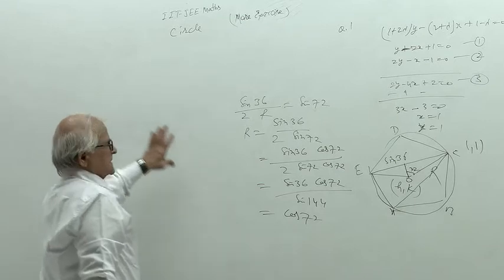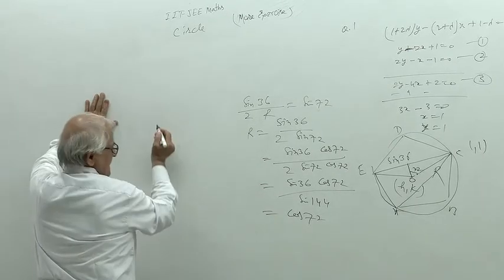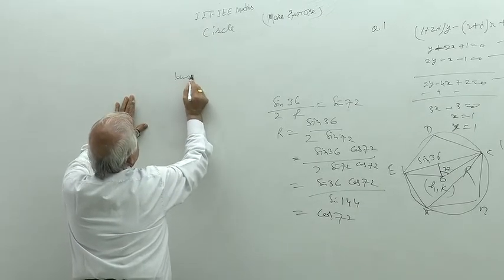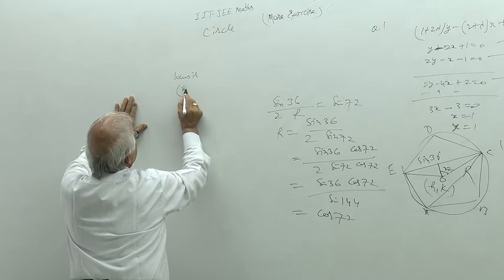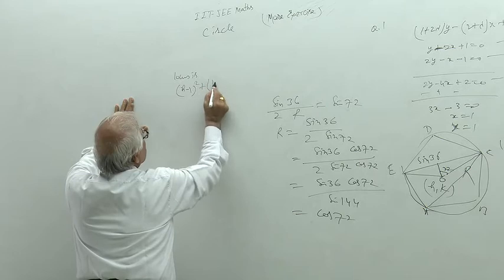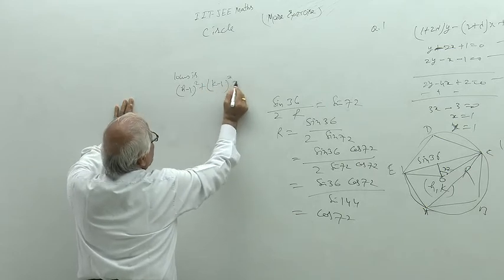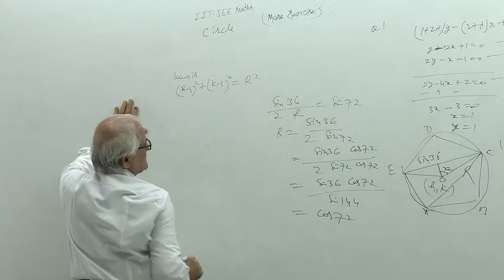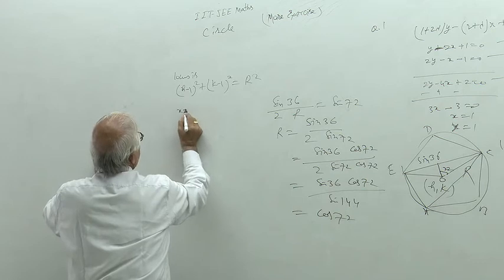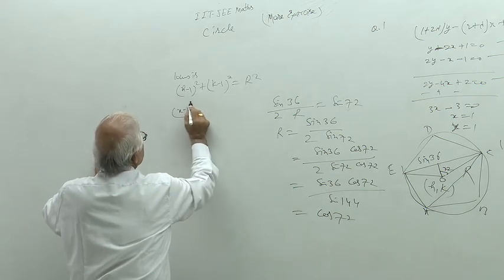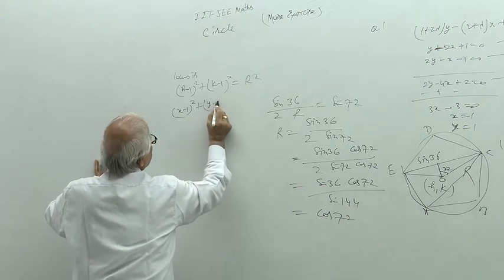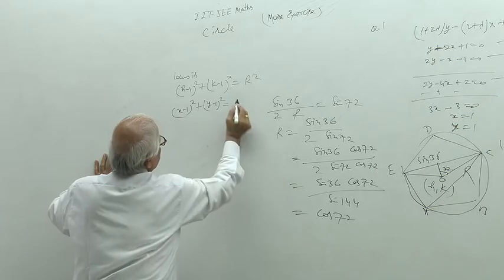The radius is this. Now the center we have taken as (h, k), the locus is (h minus 1) whole square plus (k minus 1) whole square is equal to r square. This is the equation of the locus. Now we generalize this by replacing (h, k) with (x, y), so r is this.